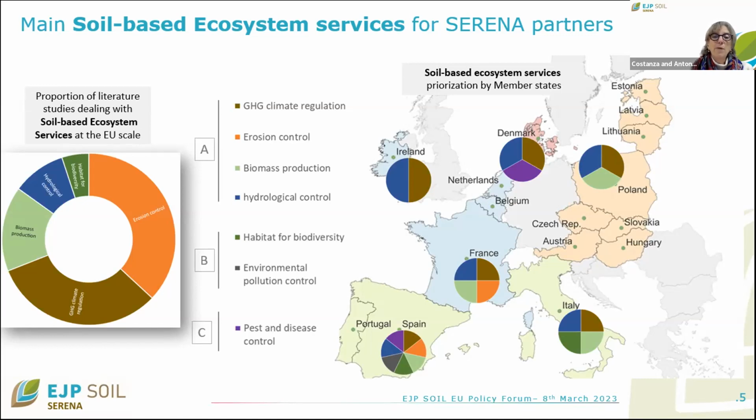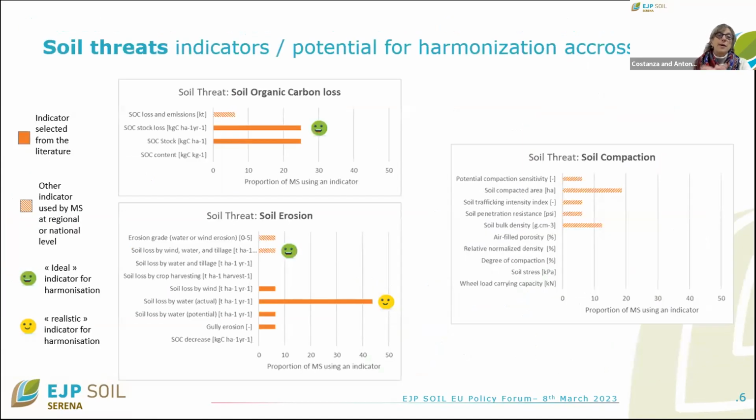And probably a more equilibrated perception of the importance of ecosystem services among the countries. And then we have this priority, but we also have to harmonize the indicators for soil threats and ecosystem services among the countries and across Europe.